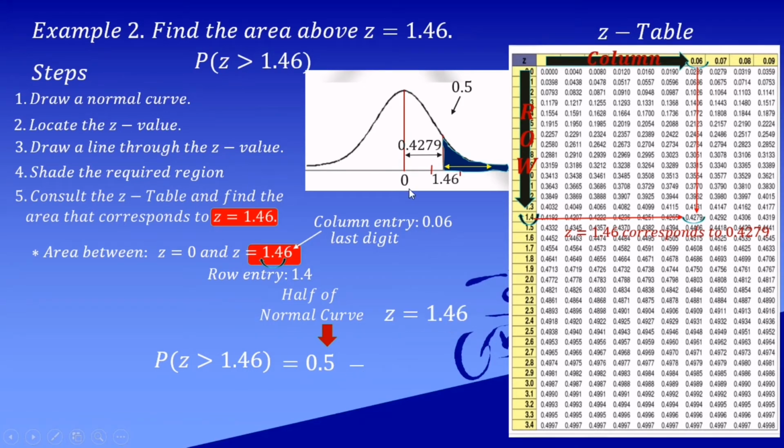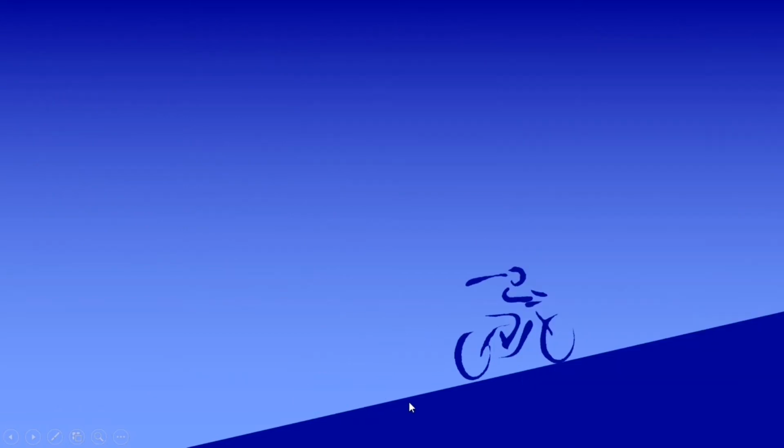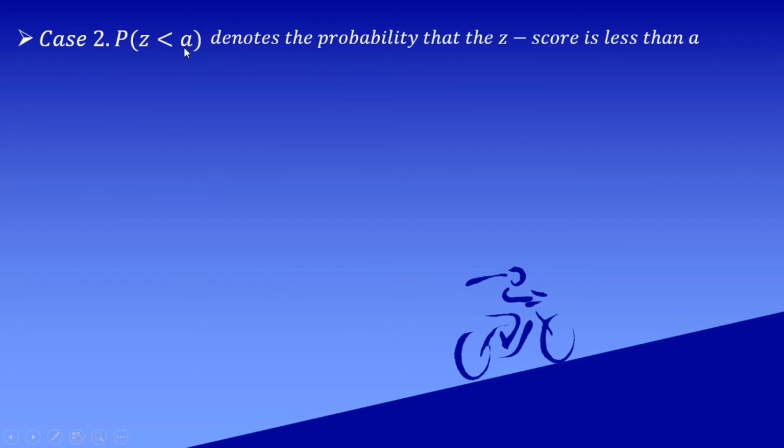So ibabawas natin yung unshaded region from 0 to 1.46, that is 0.4279. Then 0.0721, yan ang sobra ng ating subtraction. Then the required area above z, which is 1.46, is 0.0721.